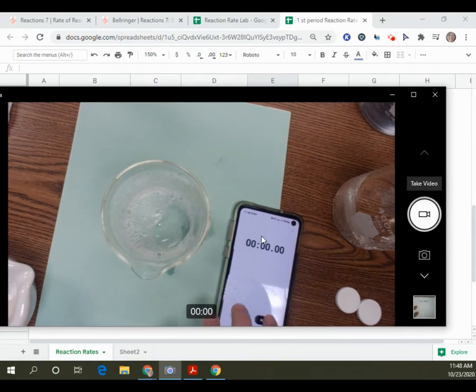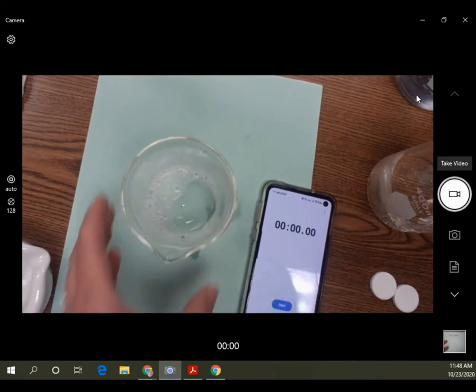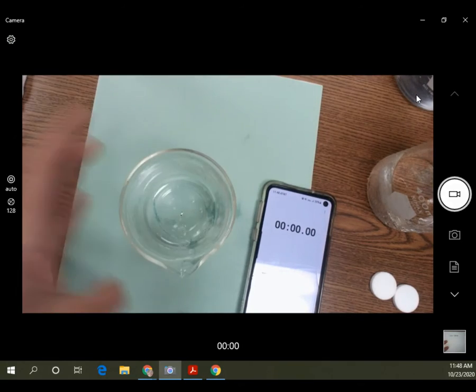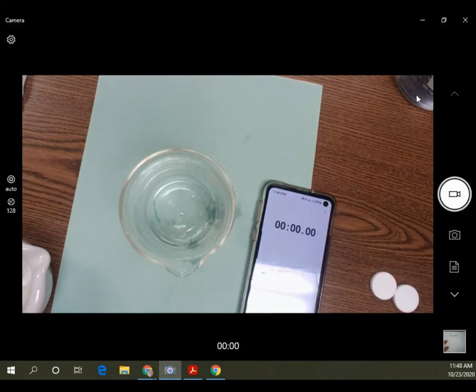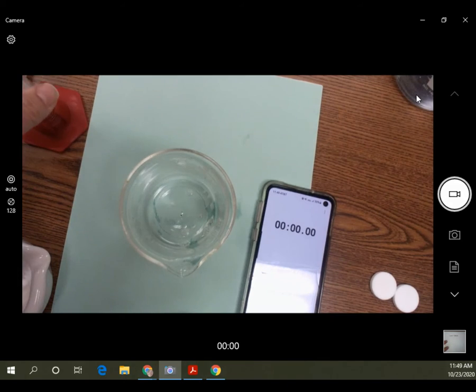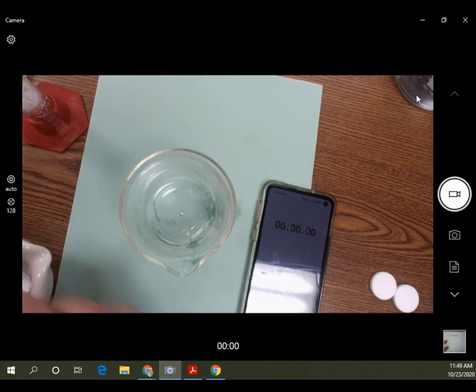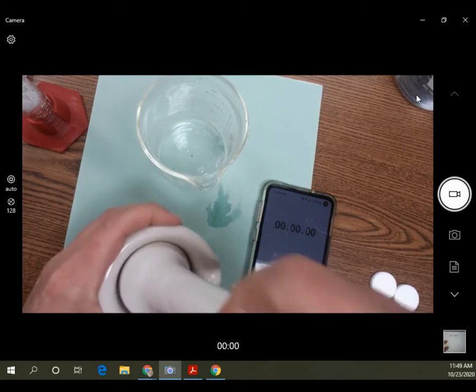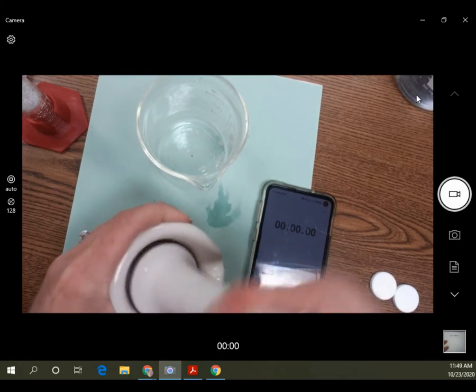All right, so we're gonna reset our stopwatch. We're gonna dump out what we just did. We need a little bit more cold water. Okay, we need another piece of antacid. We are going to crush it. This is called a mortar and pestle, so you know.